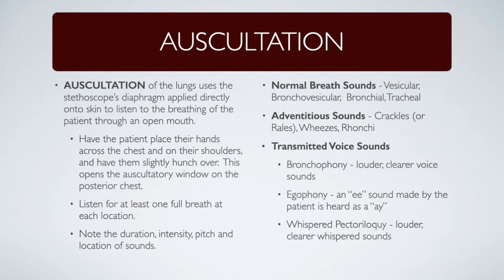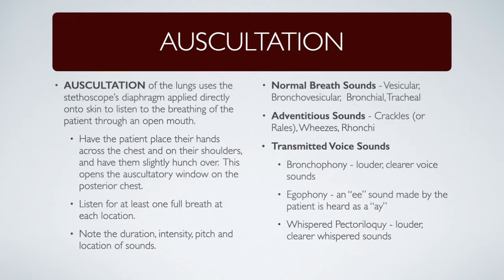To assess for bronchophony and whispered pectoriloquy, you can have the patient say and then whisper 99 or tres tres. For bronchophony, you have the patient speak. And then for whispered pectoriloquy, you have the patient whisper. Note that for both, you use a stethoscope.